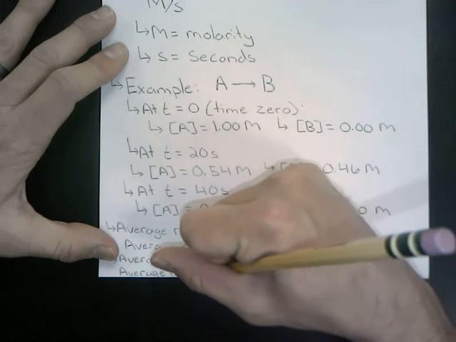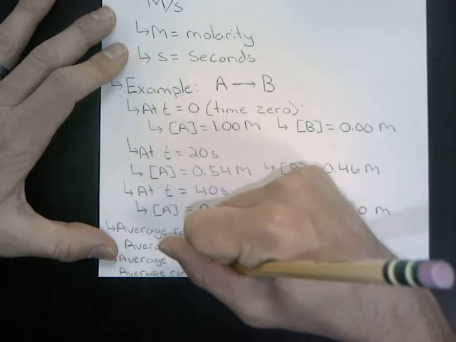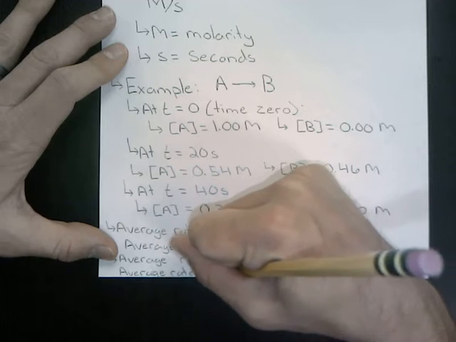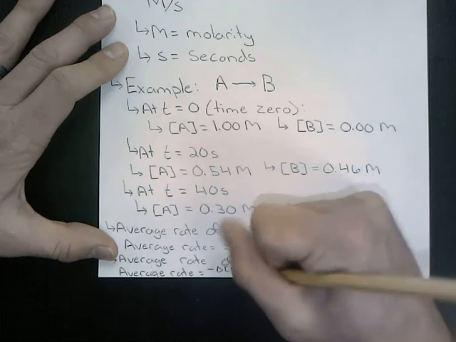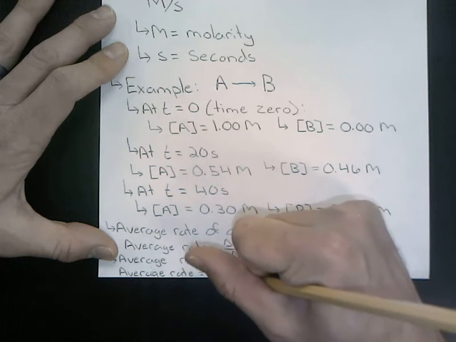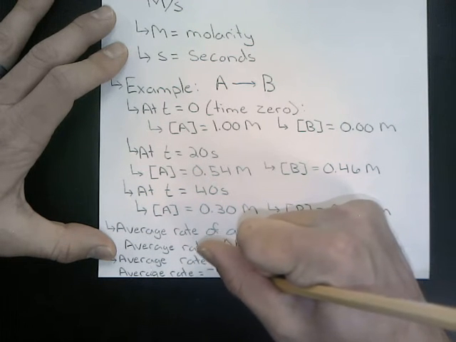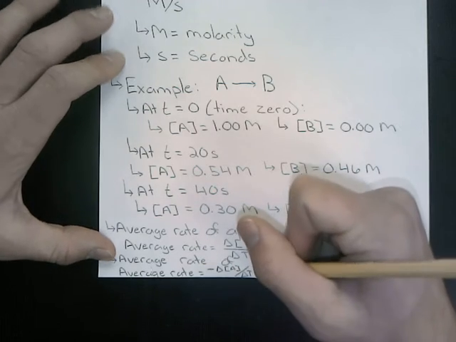So it would be negative, the change of concentration of A, divided by, just like we have on top, the change of time.